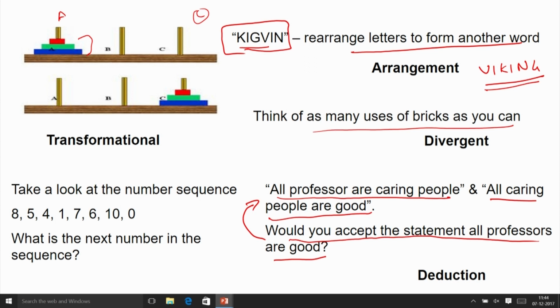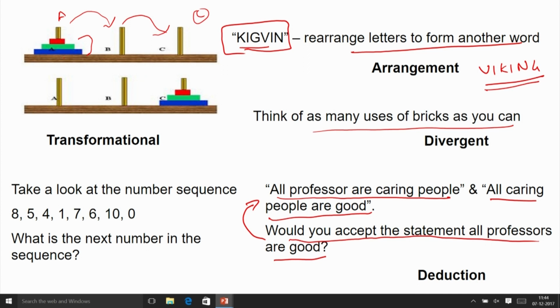The only thing is you can move these circles one at a time. So, one movement is allowed, you can move from here to here or here to here, right. Also, a smaller circle cannot be beneath a larger circle.